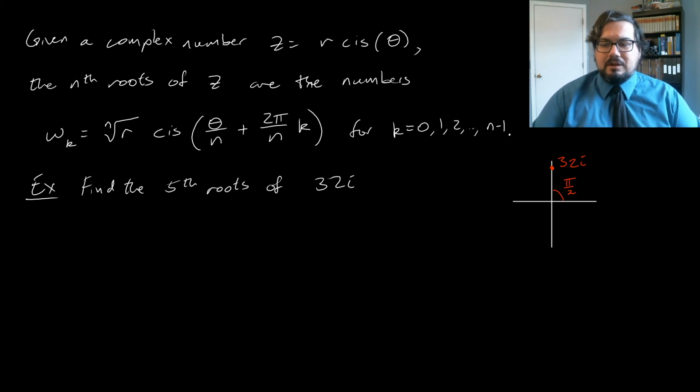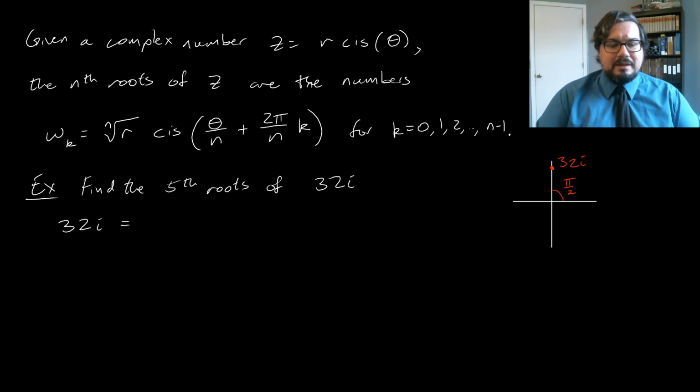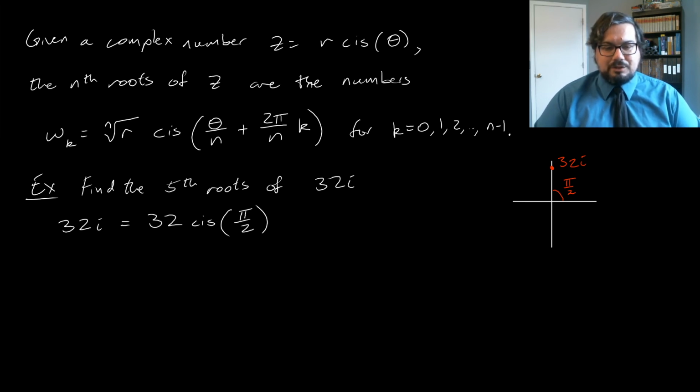So that means that 32i is equal to 32, its magnitude, the distance from the origin, times cis of pi over 2.